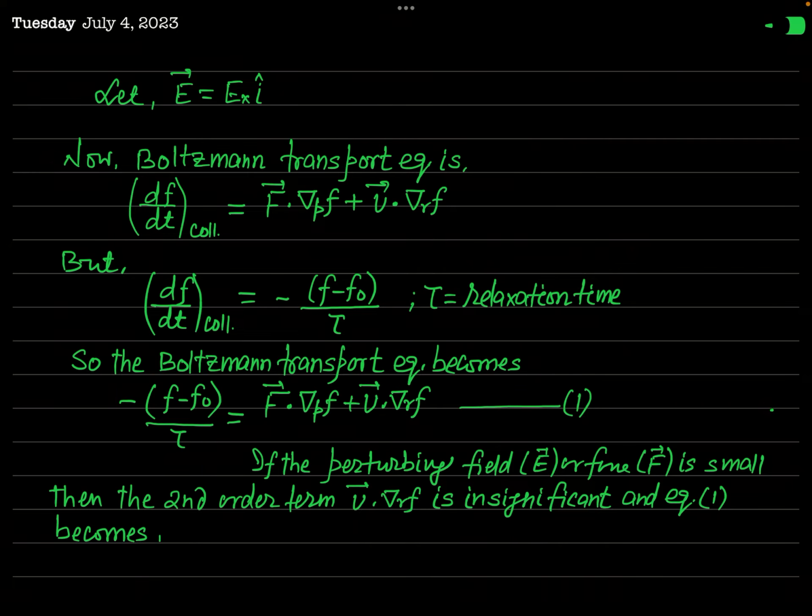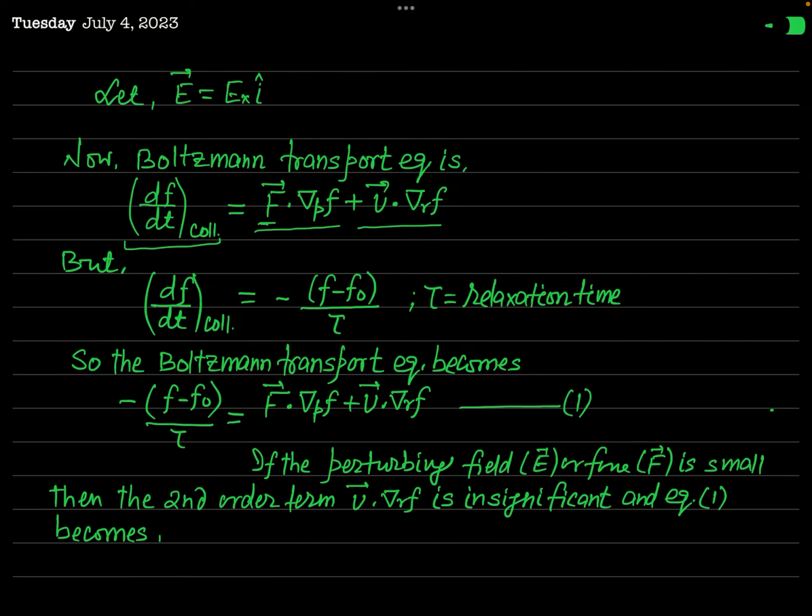Let us see that in basic form, the Boltzmann transport equation is written like this. We have already studied this equation in my previous video. This df/dt due to collision is equal to F dot del_p f plus v dot del_r f. Can you remember this equation? You have already studied this equation in my previous video. Here, F is the external perturbing force.